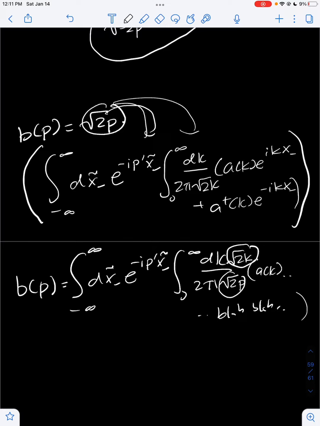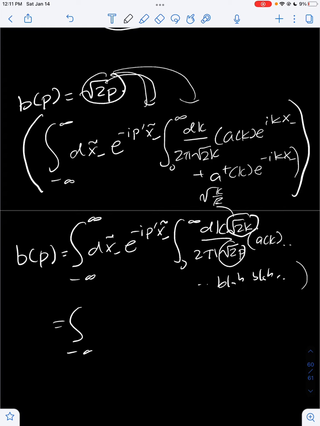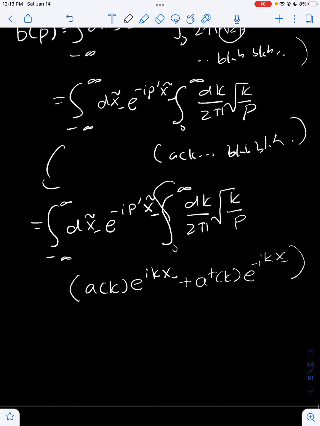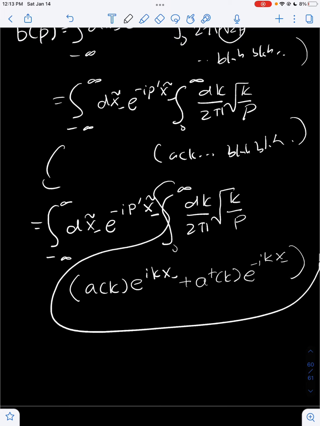Now square root of 2k over the square root of 2p will just be the square root of 2k over 2p, or the square root of k over p. So that's going to leave us with, this is being integrated over this, to be clear.